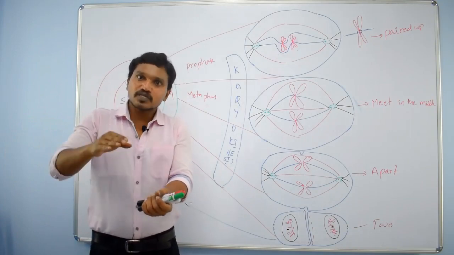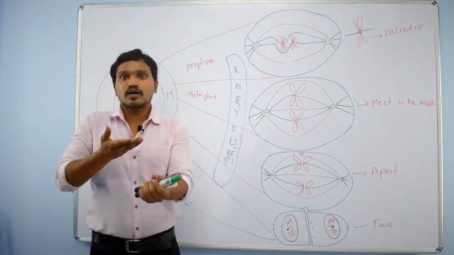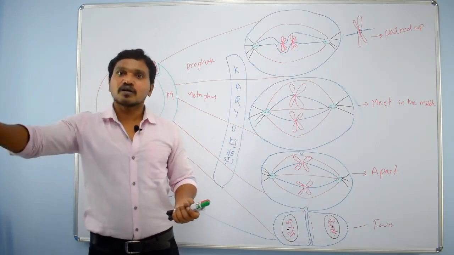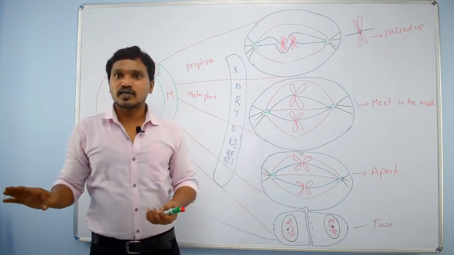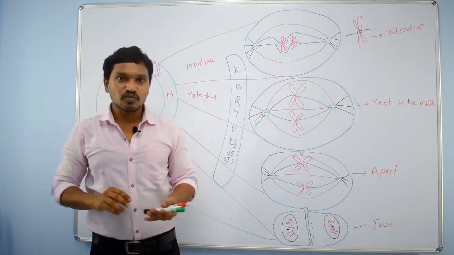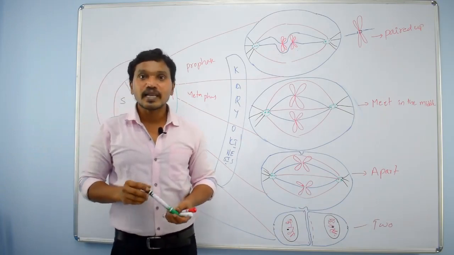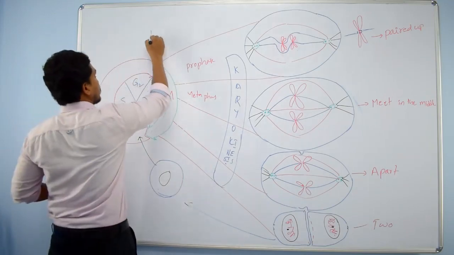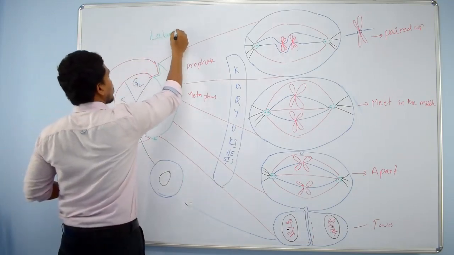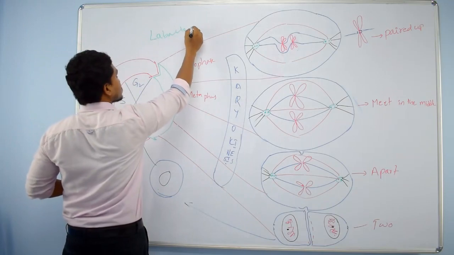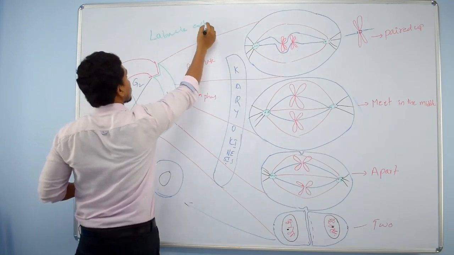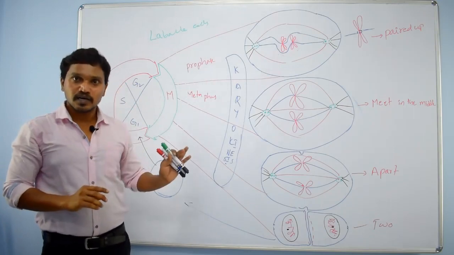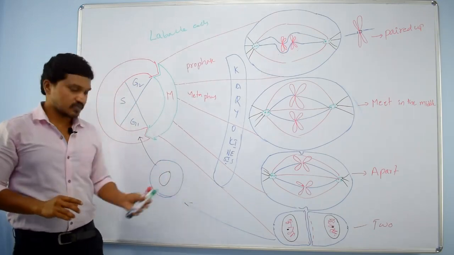If the superficial cells are torn, they are again replaced by other cells. That means this division will be going on continuously. So those types of cells, we call labile cells. Right? Clear?